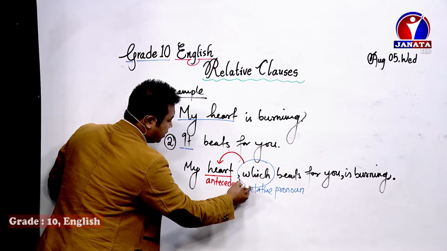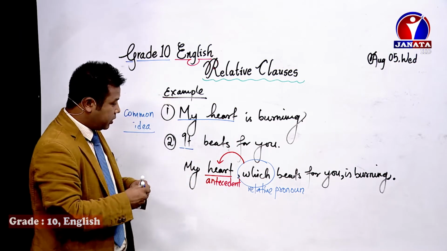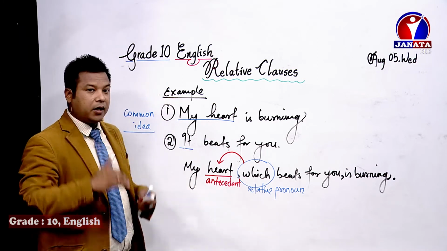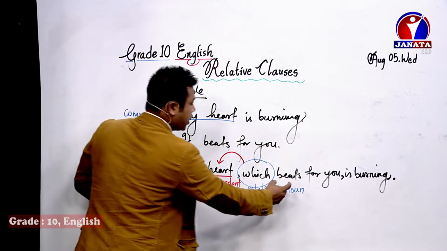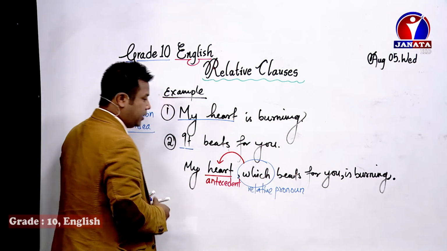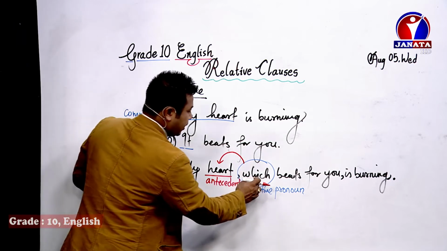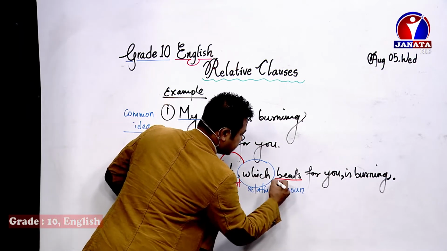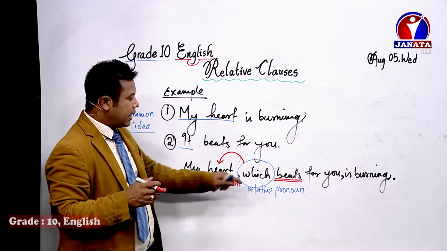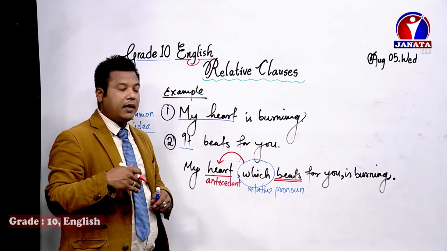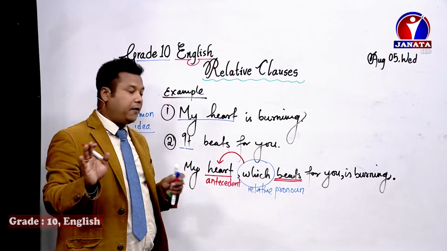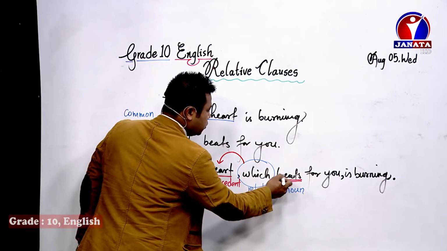If you can remember this particular word, because this is important. Now, what is the function of the antecedent in a clause? The function is visible here when I use a verb. How do I do that? I use the verb beats, not simply because I'm using which, because which can agree with beats, has beaten, is beating, anything. But why do I choose beats?